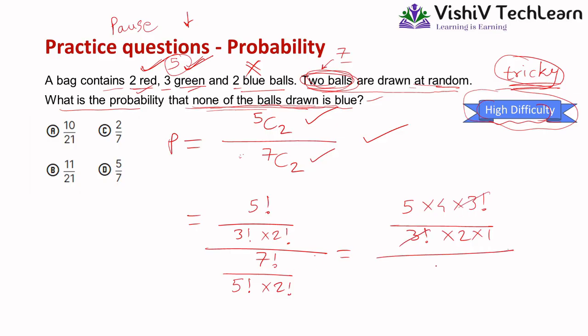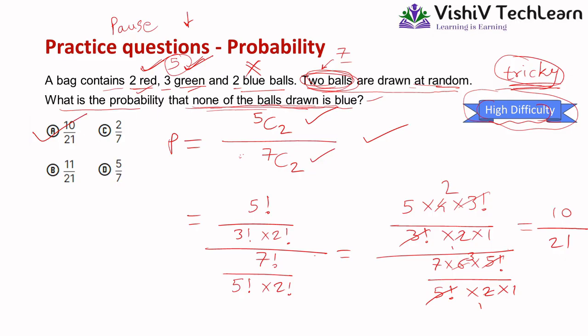Then in the denominator, 7 into 6 into 5 factorial divided by 5 factorial as it is into 2 into 1. So 5 factorial we can cancel. 2 ones are 2, 2 threes are 6, 2 ones are 2, 2 twos are 4. So finally we get 5 twos are 10 in the numerator and 7 threes are 21 in the denominator. So 10 by 21 must be the correct answer.